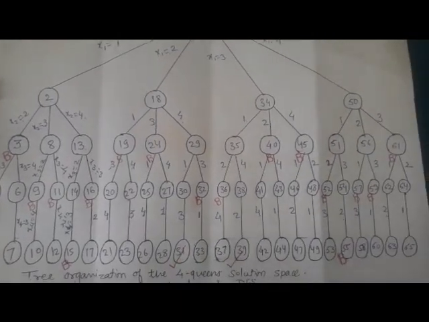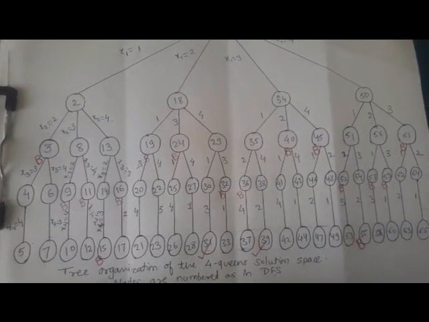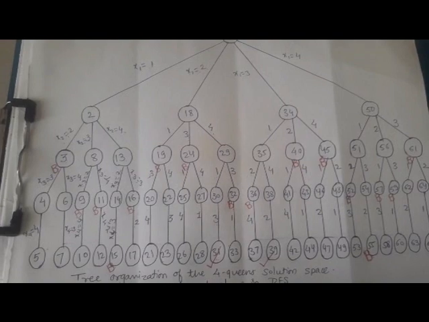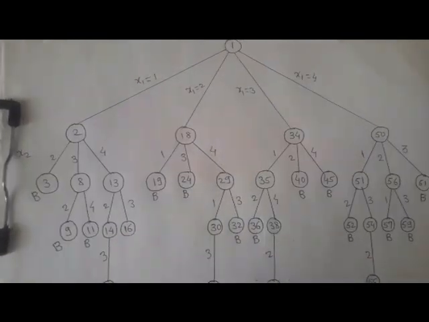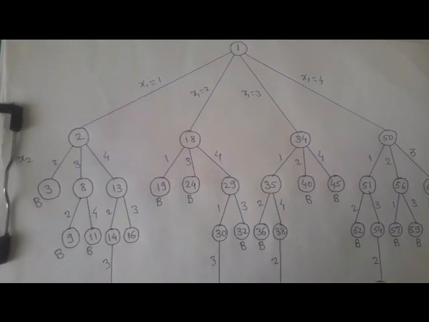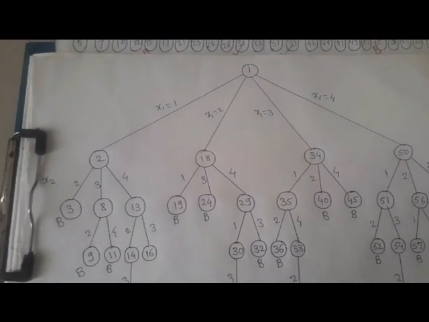Now in this way we have completed our whole solution. Now by using this we have written this tree generated during the backtracking. Now in this tree we got two solutions.